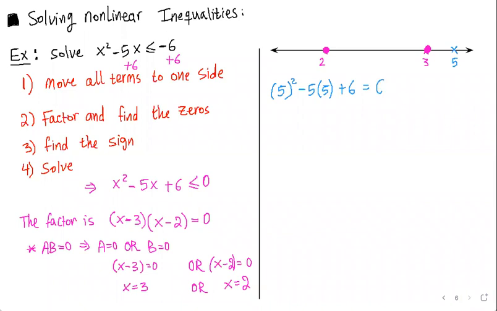The answer is 6. Now the sign for the 6 is positive. This means the sign here will be positive for any number you pick greater than 3. Is it clear?